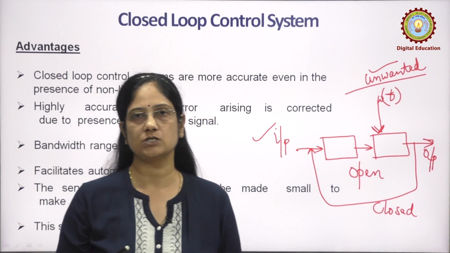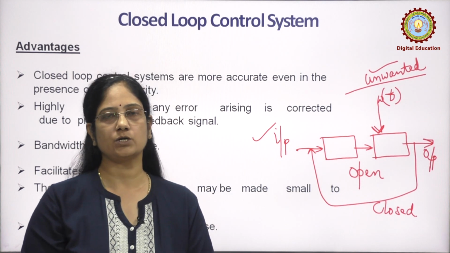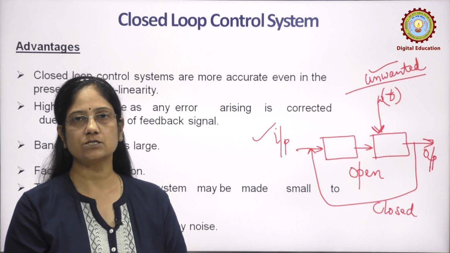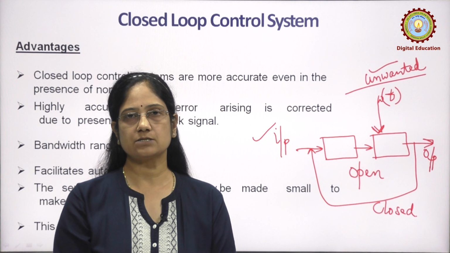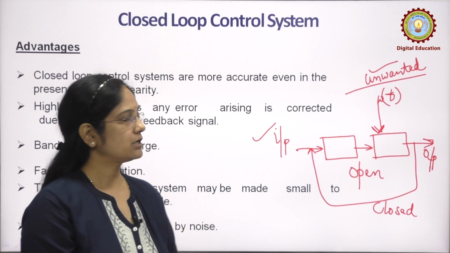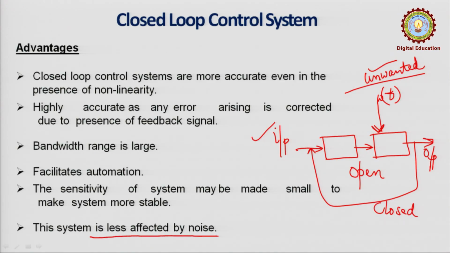In the open loop system, the output response was due to W of t as well as the input. Now, in the closed loop system, the output is fed back to the input, so that has been taken care of, and therefore the accuracy has increased. That is why the system is less affected by noise.